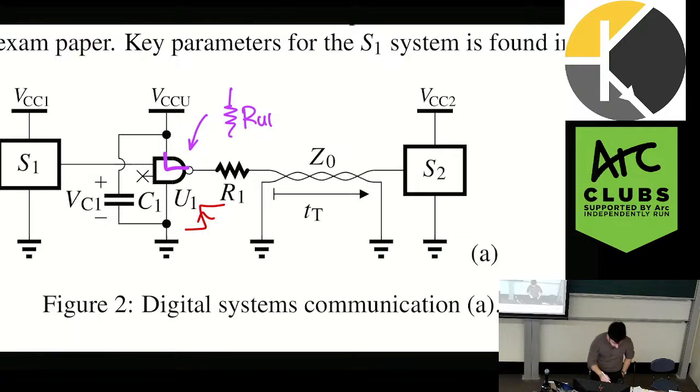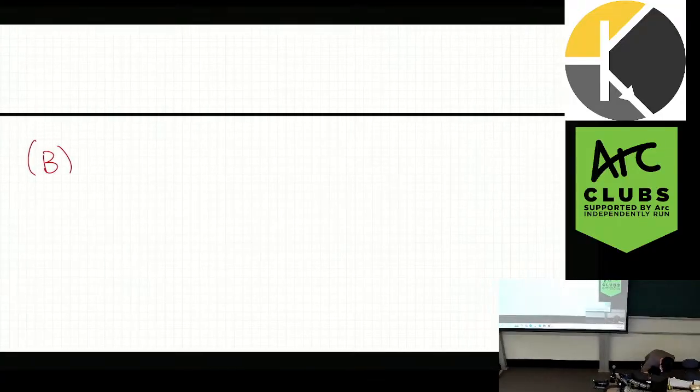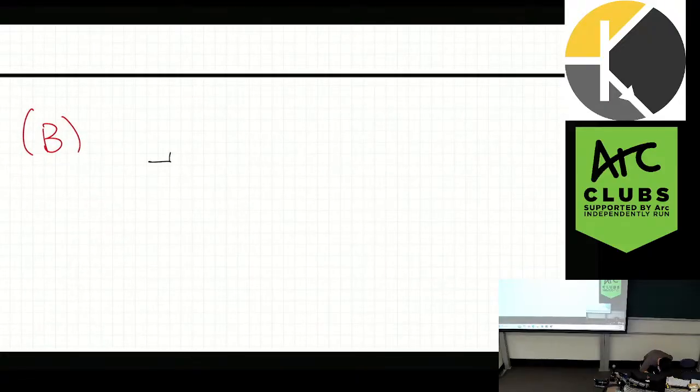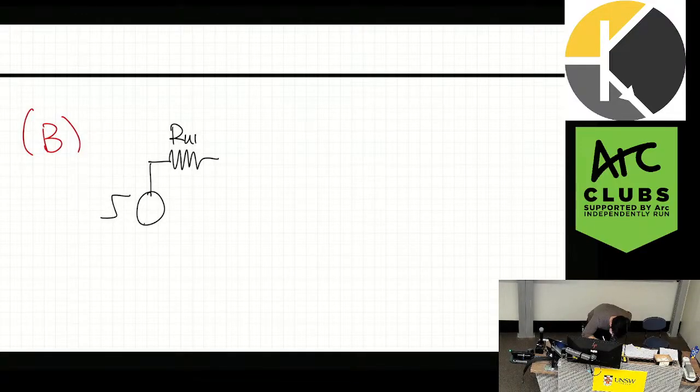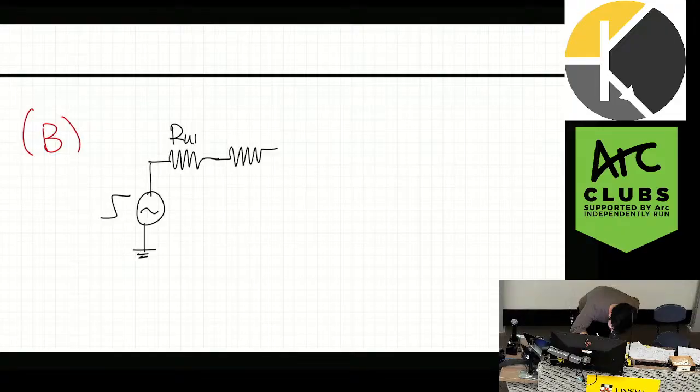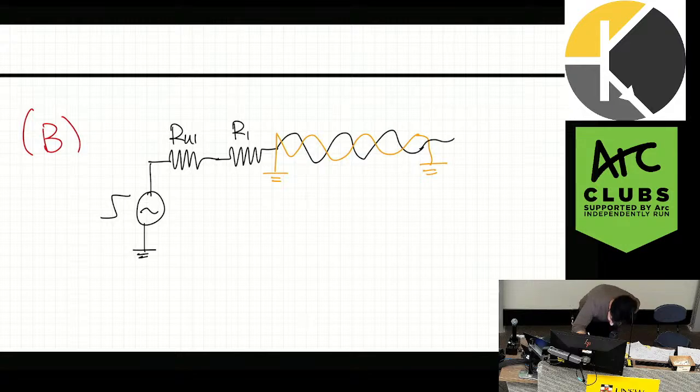Maybe let me just draw this out, because we need a drawing anyway to solve the question. What we have is RU1, a varying signal, R1, and then our transmission line, which is grounded, and then we have our output.